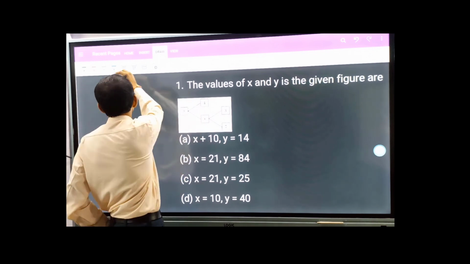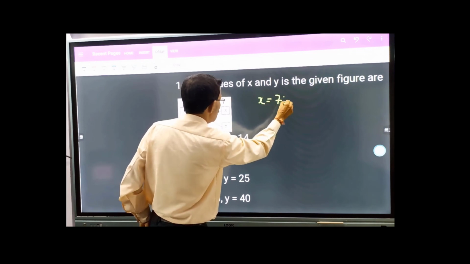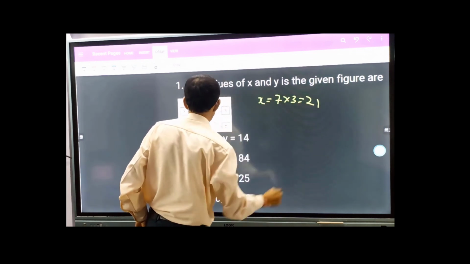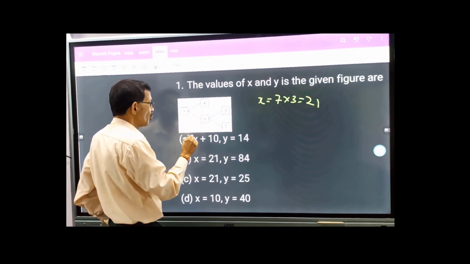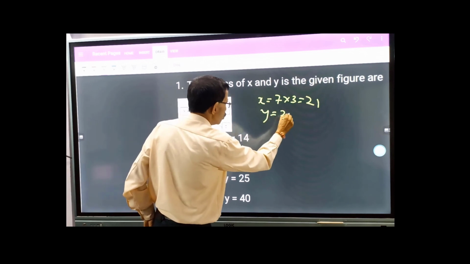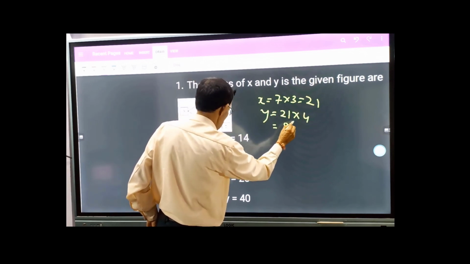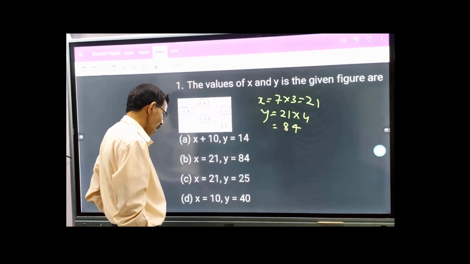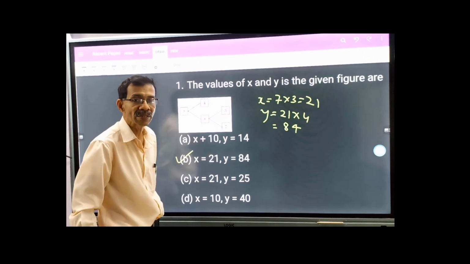So x is equal to 7 into 3, that is 21. And if this is 21, what is y? Y will be equal to 21 multiplied by 4. So 21 multiplied by 4 will be equal to 84. So x is 21 and y is 84. B is the correct option.